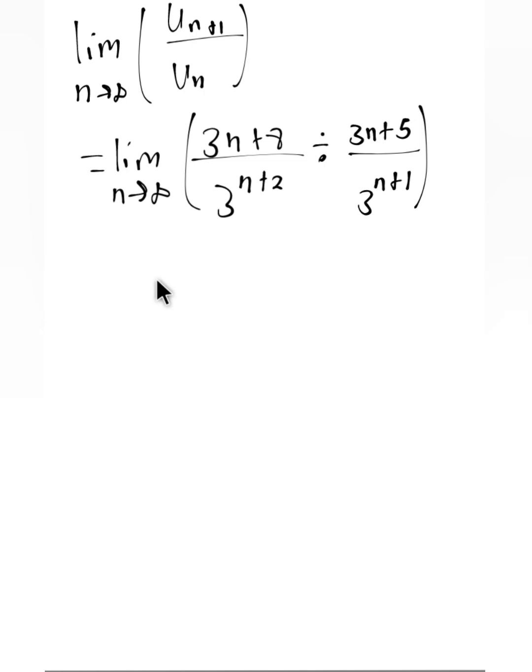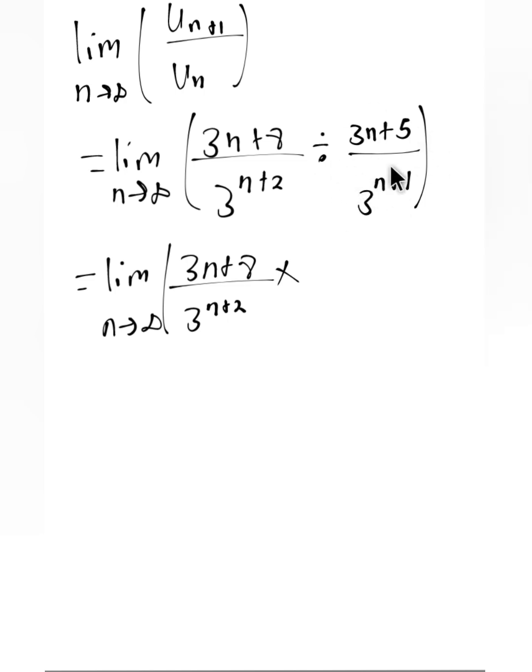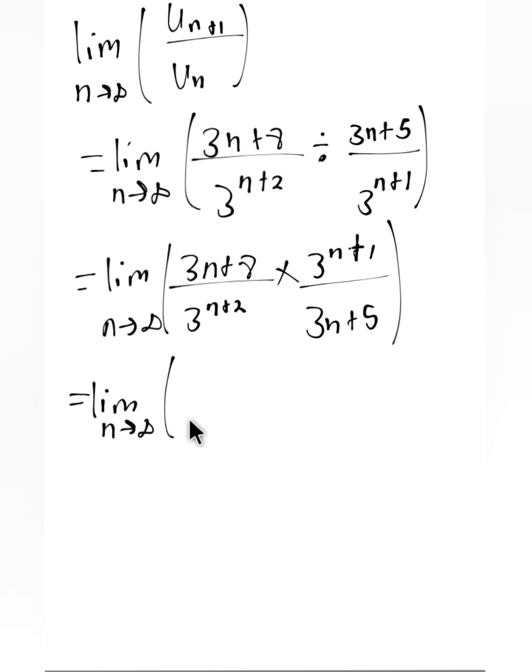We need to simplify this expression. So it's going to give us the limit as n tends to infinity of 3n plus 8 all over 3 raised to power n plus 2 times, we need to swap these two terms, 3 raised to power n plus 1 all over 3n plus 5.